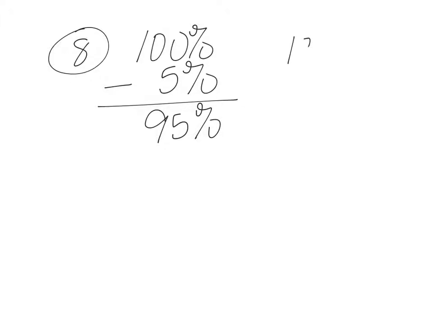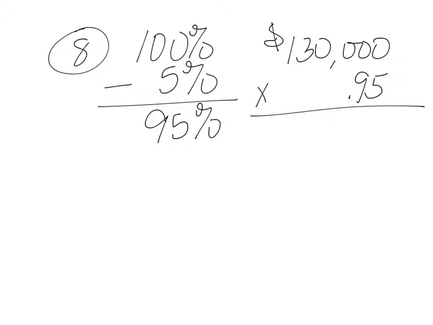So now I'm going to take 130,000 and I'm going to multiply that by 0.95. And that's a cheap house. That must not be in California. So again, it's 95% of the original value. And so you can subtract at this point, or you could subtract at the end.